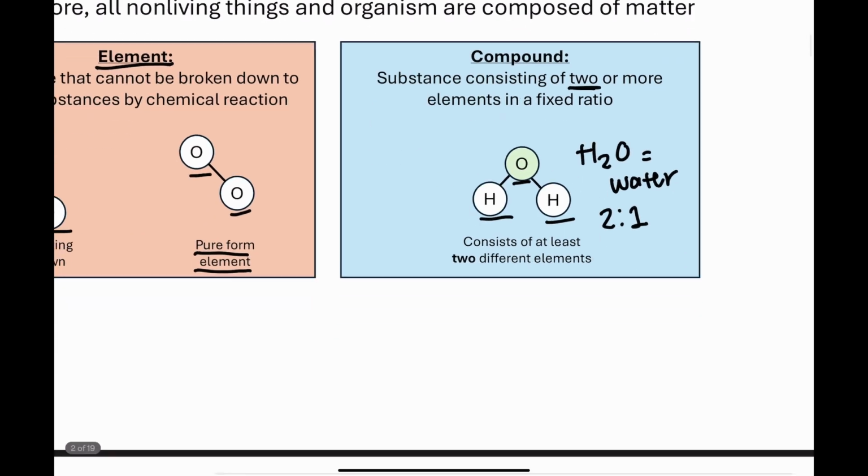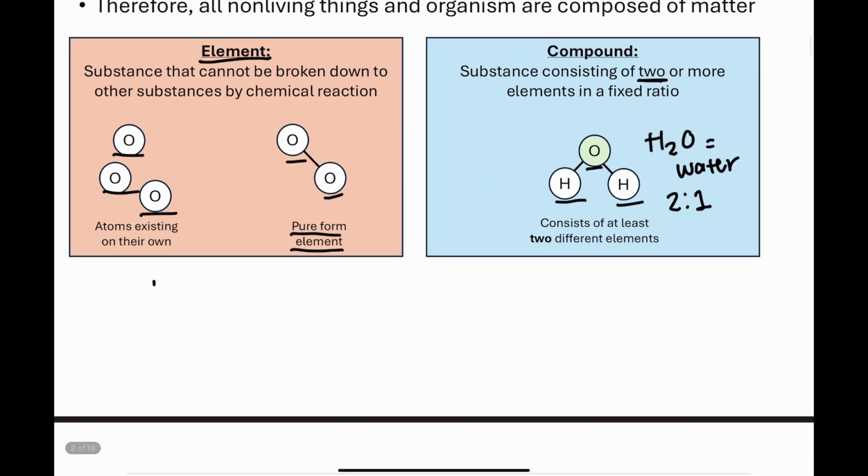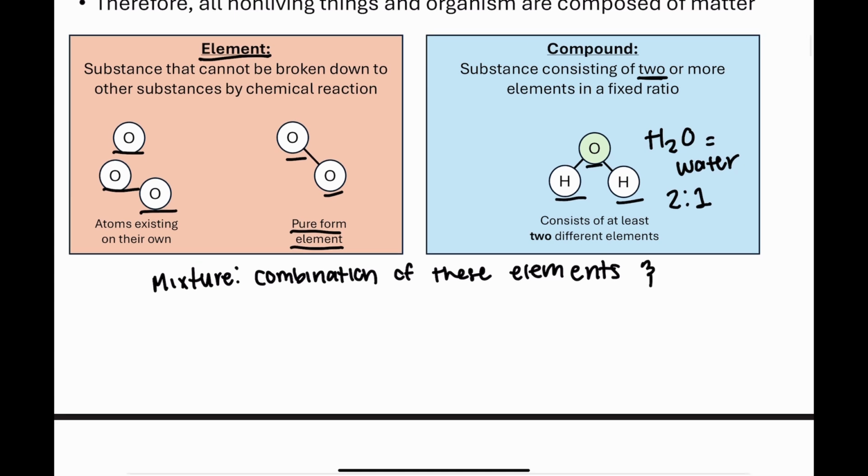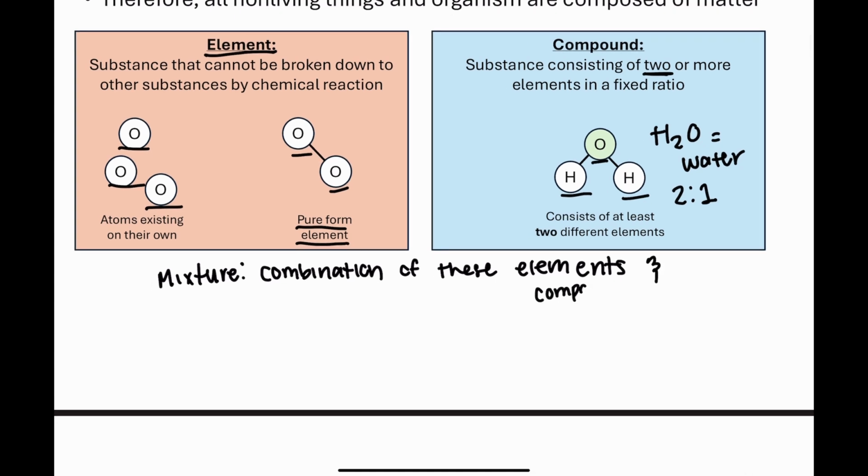I also did just want to mention another term, which is mixture. A mixture is just a combination of elements and compounds found in a solution, but they do not mix to form new substances.